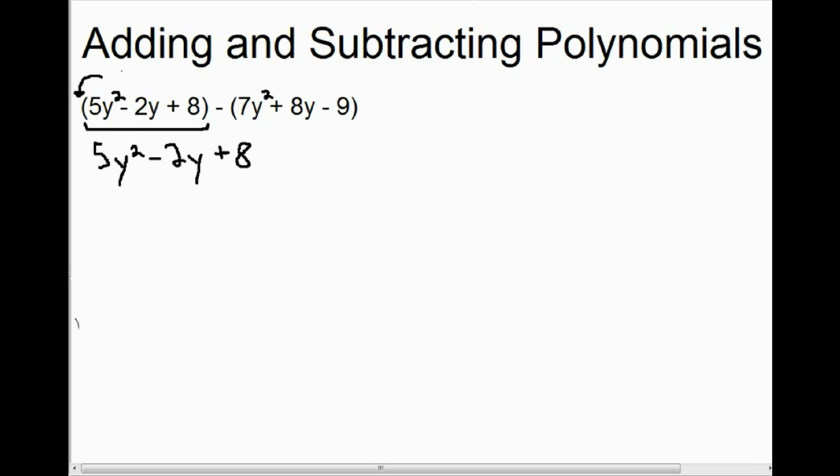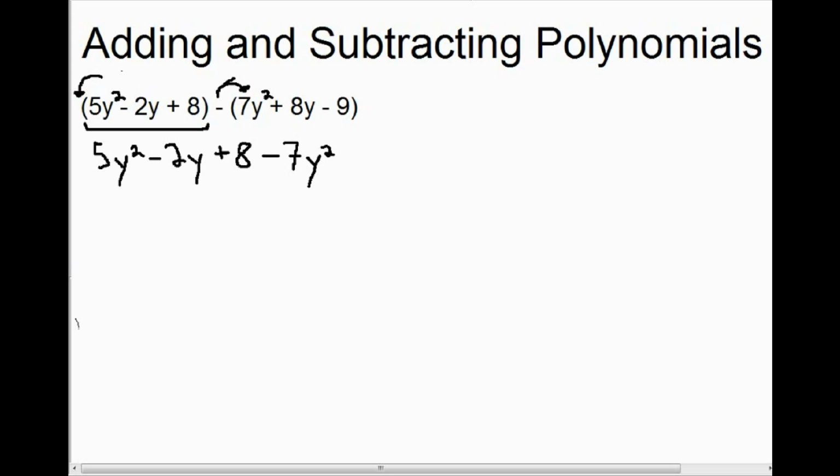Well, we do have to be particularly careful when we're removing the second bracket, and we have to look carefully at the sign. And here we're subtracting a positive. Well, subtracting a positive is just the same as subtracting. So we still just have minus 7y squared there.